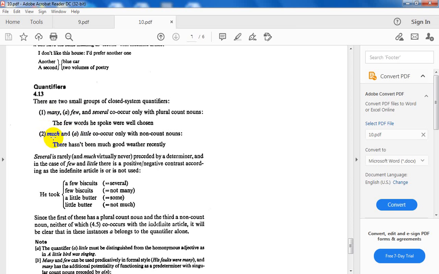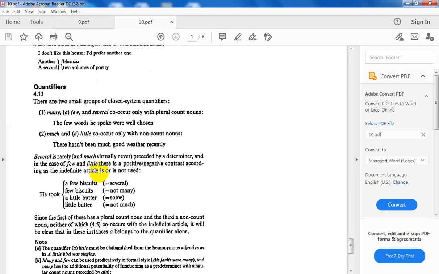Then you have much, the second class: much and little, a little, co-occurring with non-count nouns. That means this group comes with plural count nouns, and this group comes with non-count nouns. Several is rarely and most virtually never preceded by a determiner, and in the case of few and little there is a positive-negative contrast according as the indefinite article is or is not used.